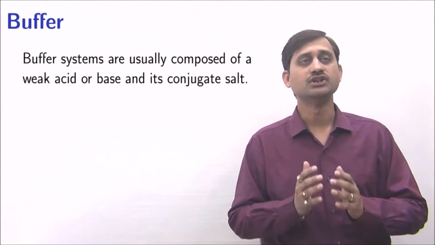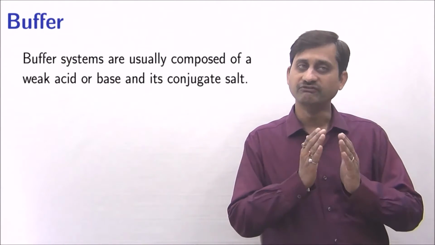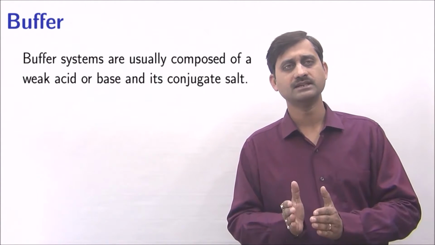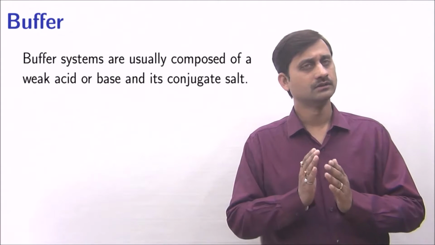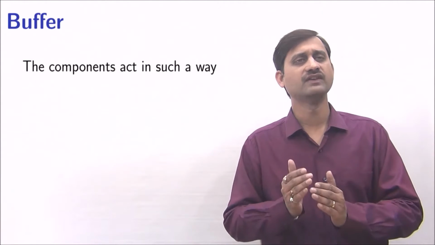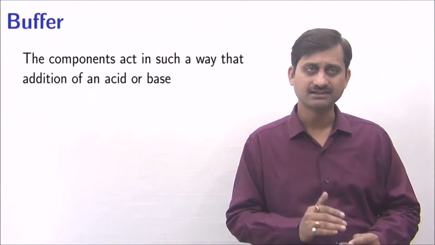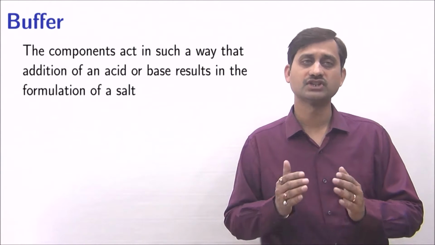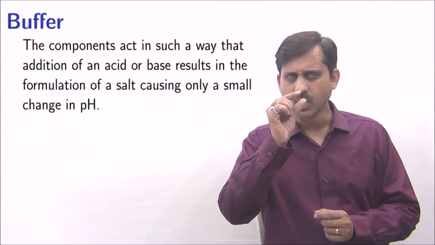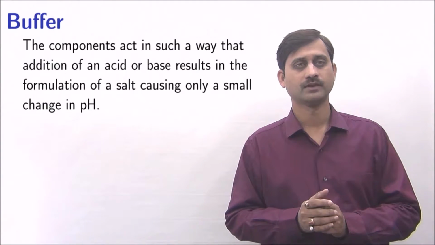Buffer systems are usually composed of a weak acid or base and its conjugate salt. The components act in such a way that addition of an acid or a base results in formation of a salt, causing only a small change in pH.